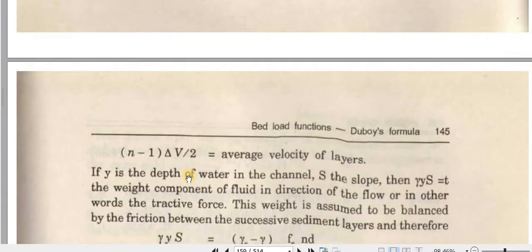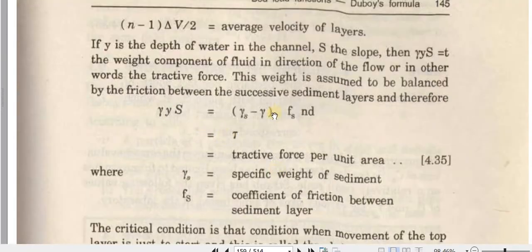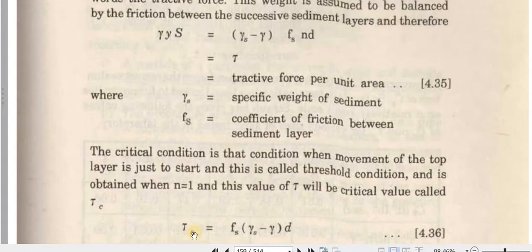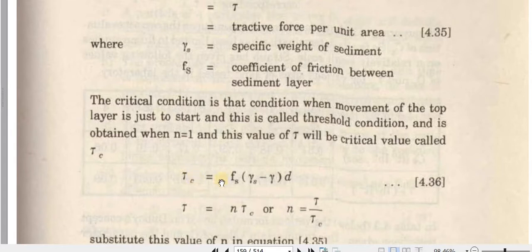and the total thickness. They further developed this equation, where gamma_s minus gamma equals gamma_s prime, with gamma_s the specific weight of sediment, f_s the coefficient of friction between sediment layers, and T the tractive force. The critical condition exists when movement of the top layer is just about to start. That tractive force is called the critical tractive force. That is equation 4.36.